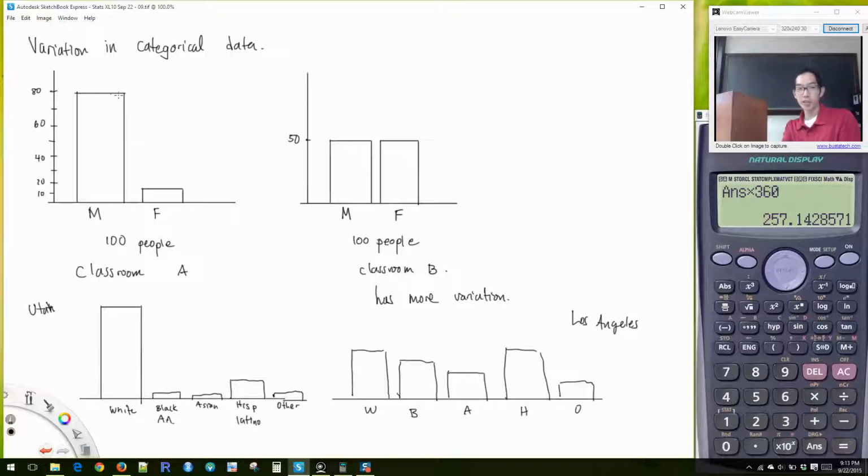Regarding categorical data, if there is a category that seems to be the tallest category or the most dominant category, this is known as the mode. The mode is the category with the highest count.